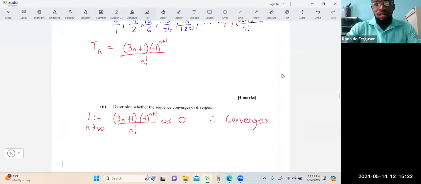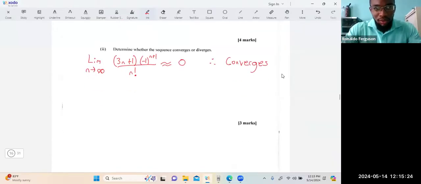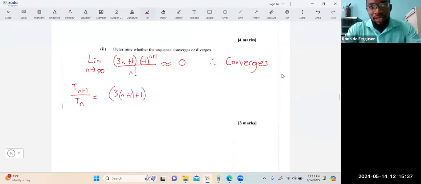Or what you can do also, if you know the convergence test, is find Tn plus 1 over Tn, which would be 3n plus 1 times -1 to the n plus 2 over n plus 1 factorial, divided by Tn.